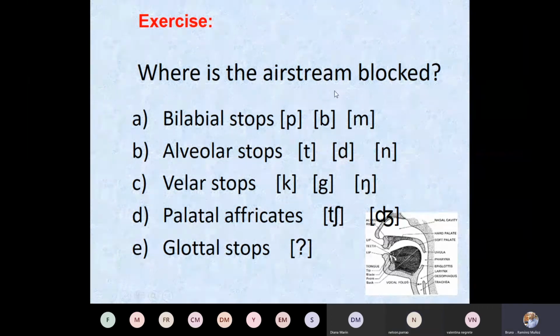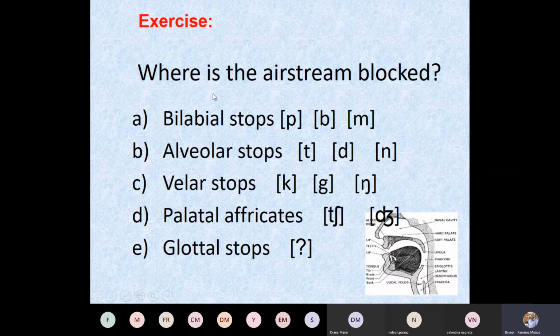For example, if you want to be a volunteer, you can take A or B or C or D or E, and you can explain where is the airstream blocked in the case of, for example, velar stops. Or basically, you have here 1, 2, 3, 4, 5. You have 5 questions. Where is the airstream blocked when you produce bilabial stops?